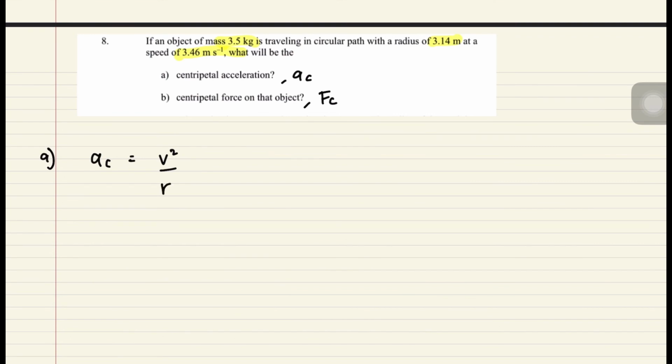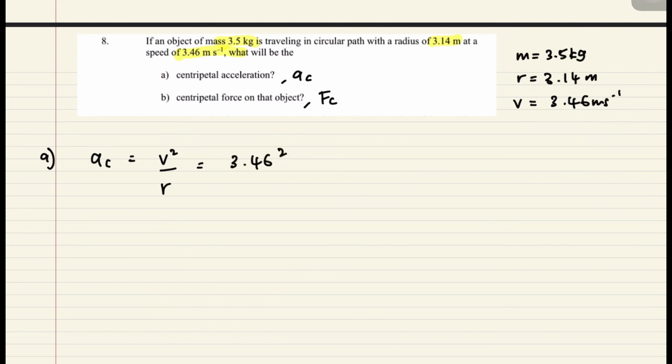Taking out the information first: mass is 3.5 kilogram, radius r is 3.14 meter, and speed v is 3.46 meter per second. Make sure everything is SI unit. Now you can substitute inside here: 3.46 squared over 3.14. If I press my calculator, I should get 3.81.